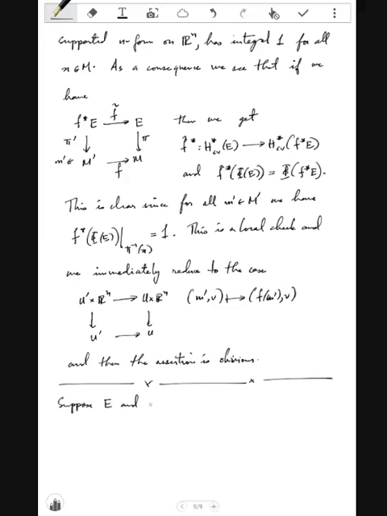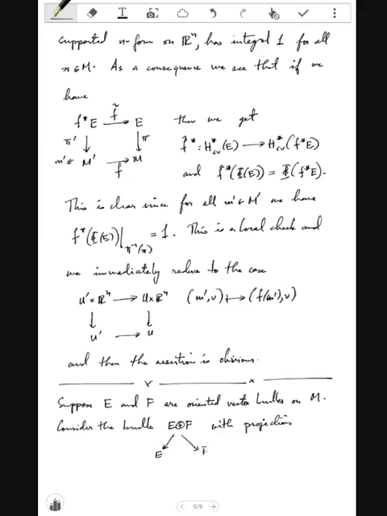Suppose E and F are oriented vector bundles on M, consider the bundle E direct sum F with projections, let's call this P1 and let's call this P2.